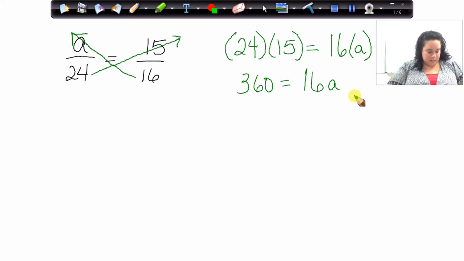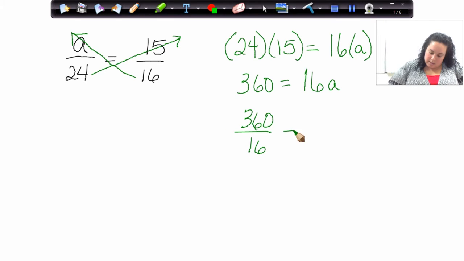Now we can solve this like normal. Divide both sides by 16, and we get 360 over 16. We can then reduce that, and it reduces into 45 over 2.